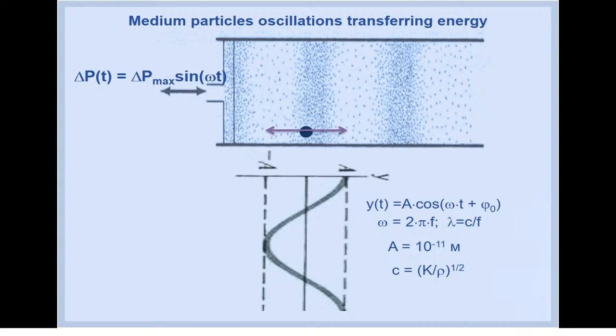This quantity is a measure of how hard it is to compress a substance. When the pressure on an object is increased, its volume decreases. Its density, which is mass to volume ratio, increases. The bulk modulus relates the fractional density change to the pressure change.